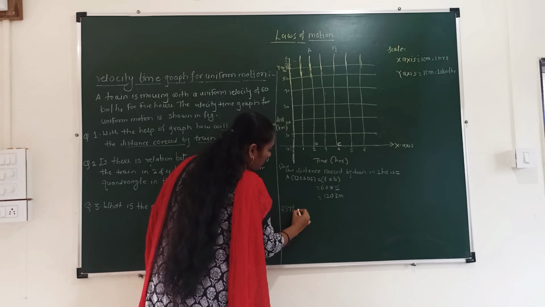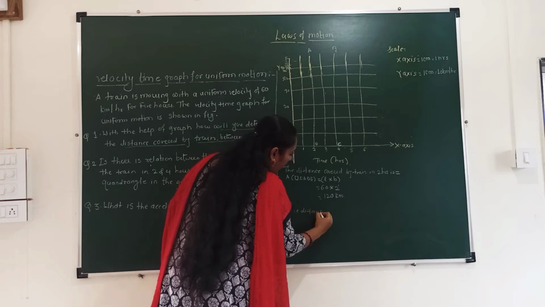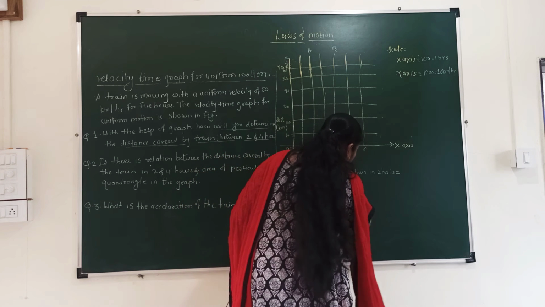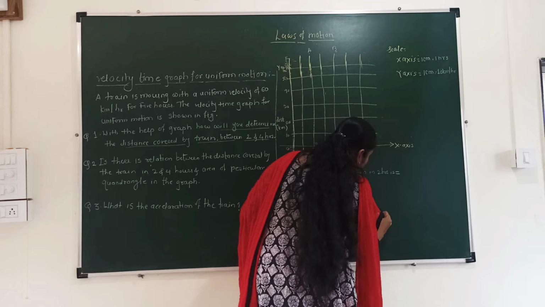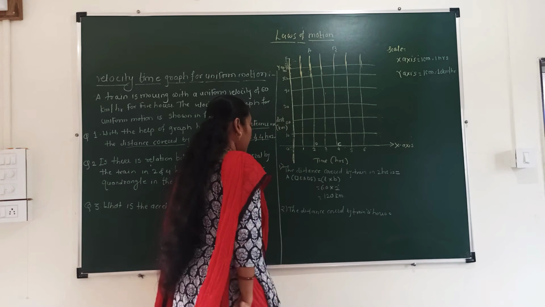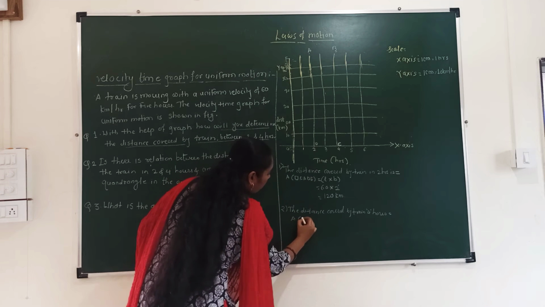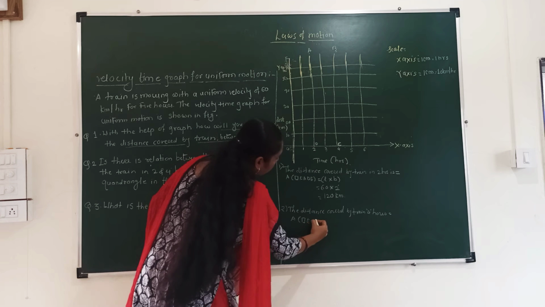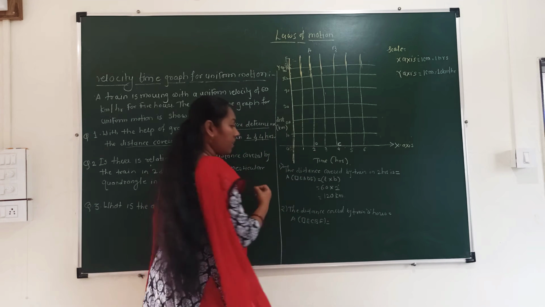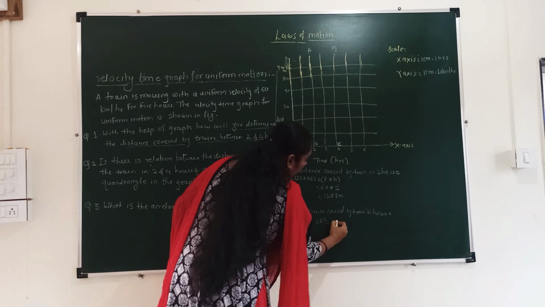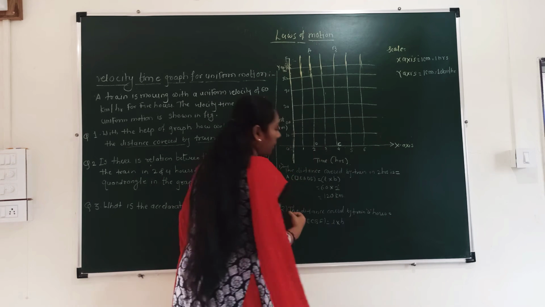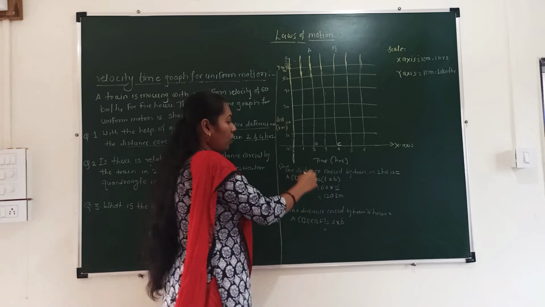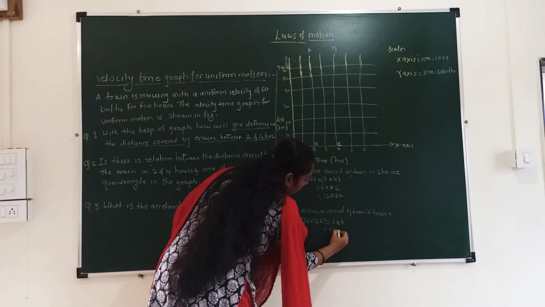Second, the distance covered by the train in 4 hours is equal to the area of rectangle ECBF, which is again length into breadth. Therefore the length here is again 60 kilometers.